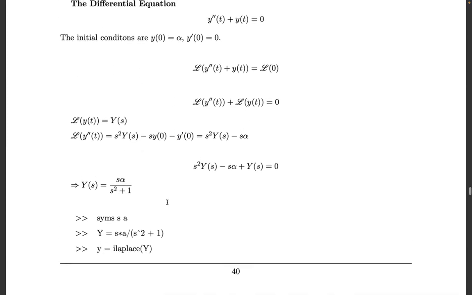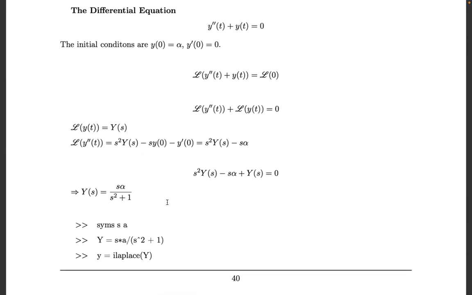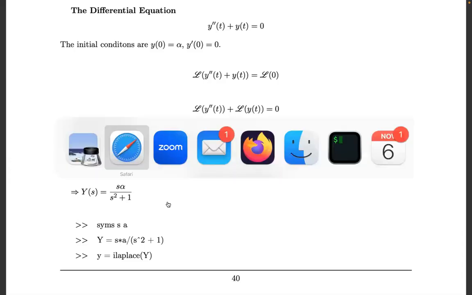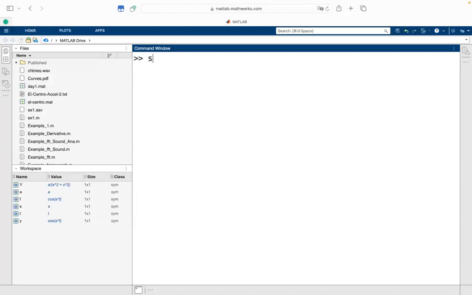So let's do this. syms a s. Y equals s times a over s squared plus 1.